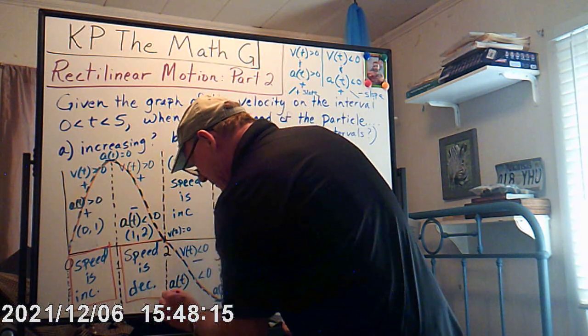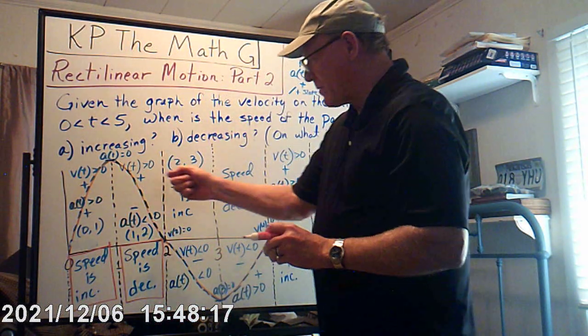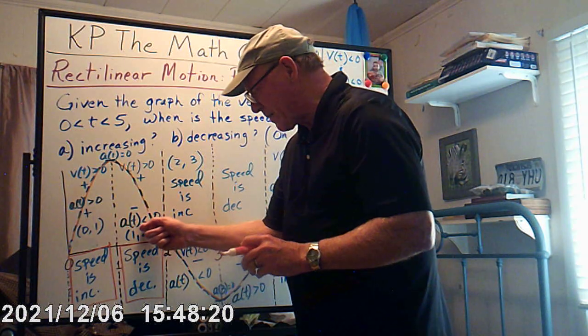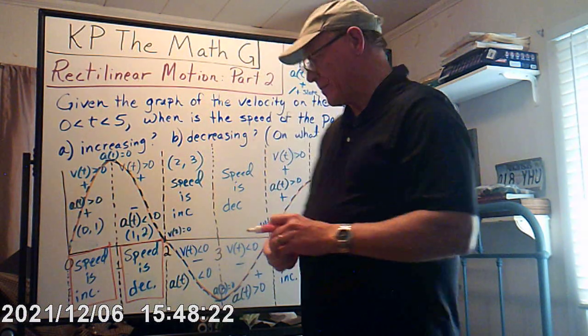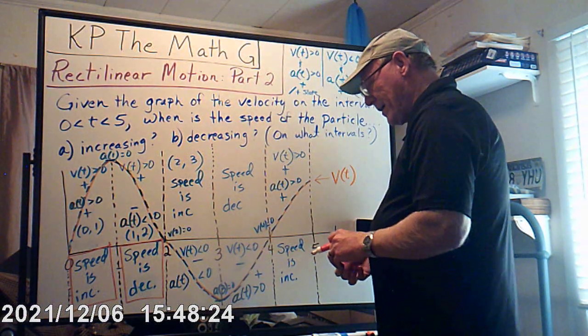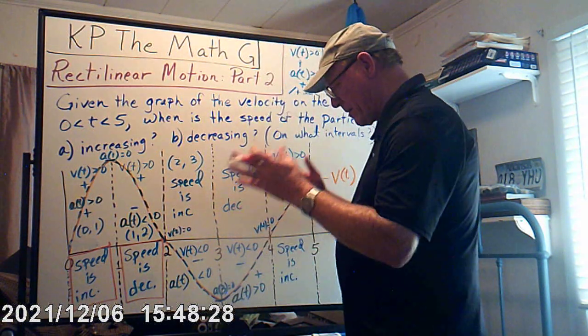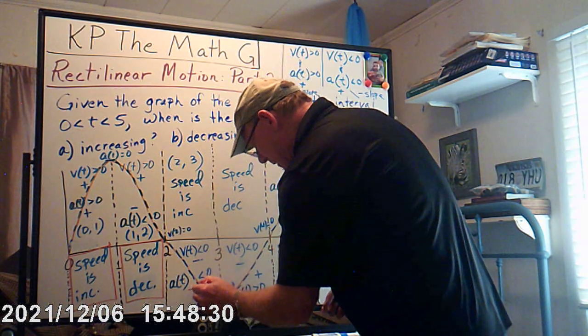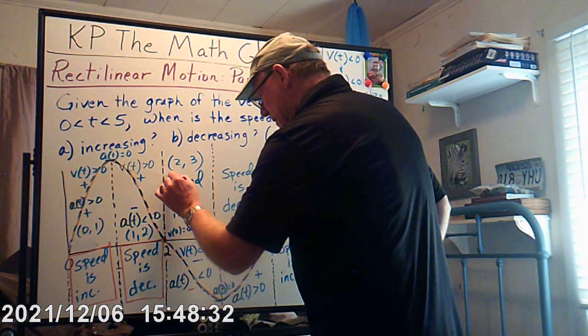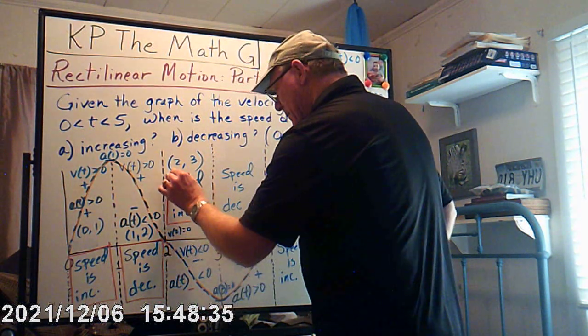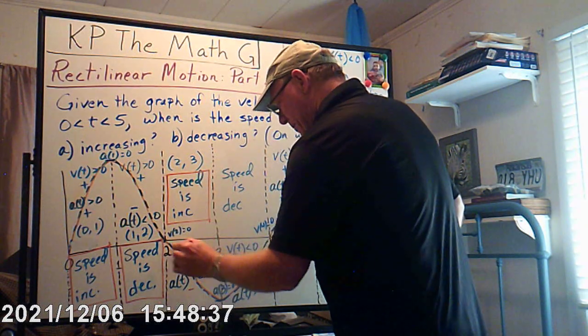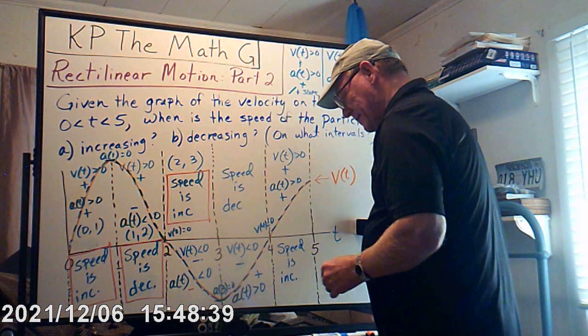Speed is decreasing because the velocity is greater than 0 while the acceleration is less than 0. Right here, both the velocity and the acceleration are negative, so the speed is increasing between 2 and 3.